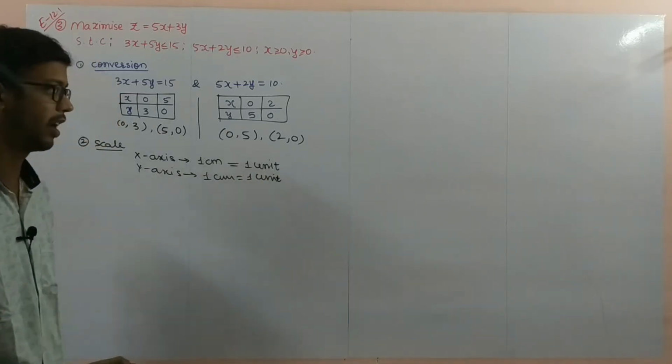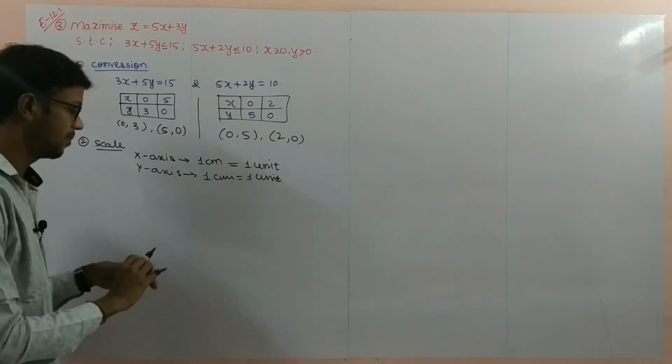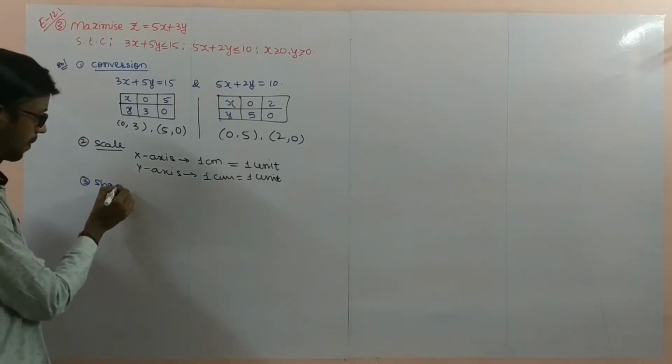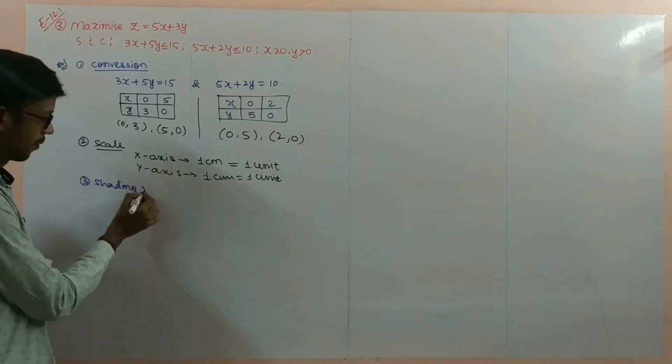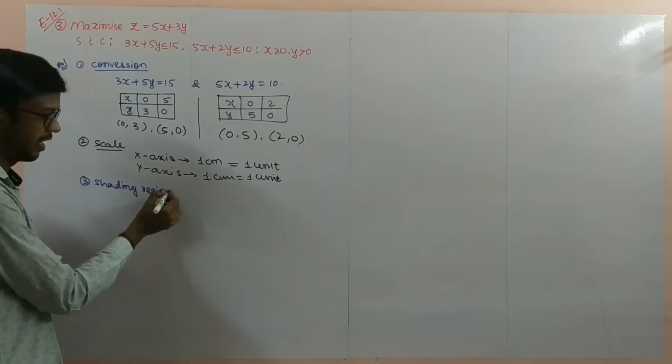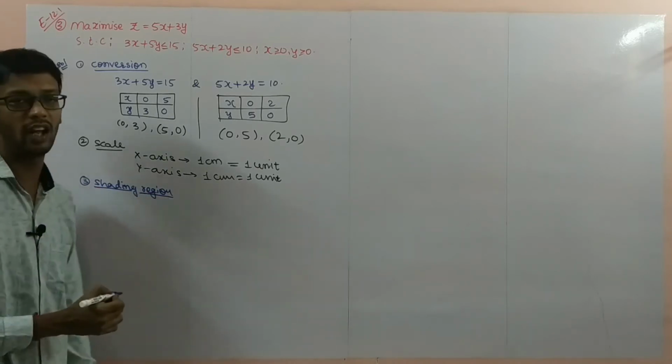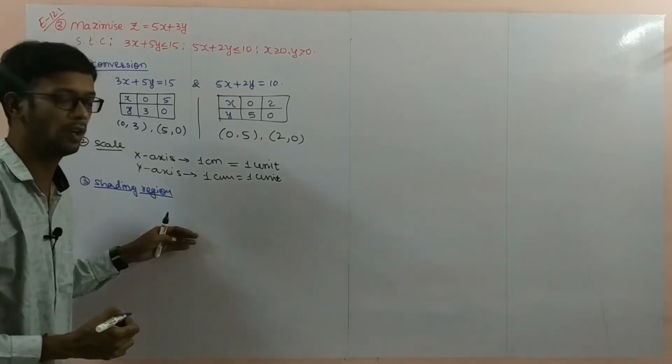I am taking the same scale for both. Next, the third point is the shading region, towards the origin or above, including the origin.